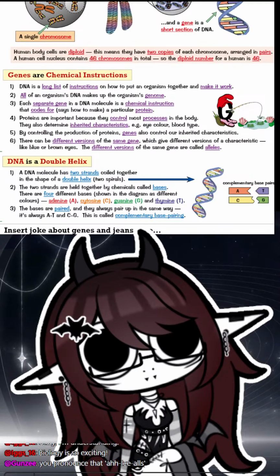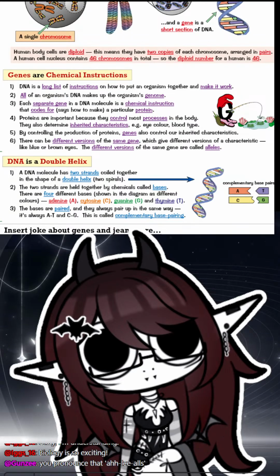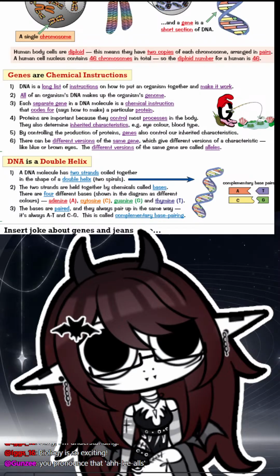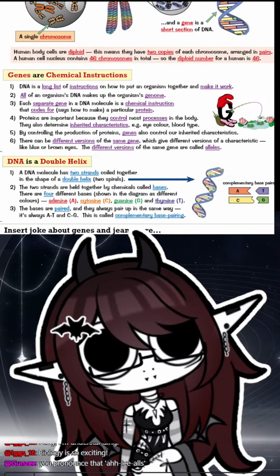There are four different bases shown in the diagram as different colors: adenine A, cytosine C, guanine G, and thymine T. Adenine always pairs with thymine, and cytosine always pairs with guanine.